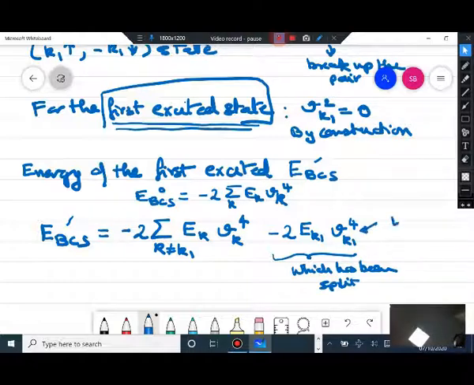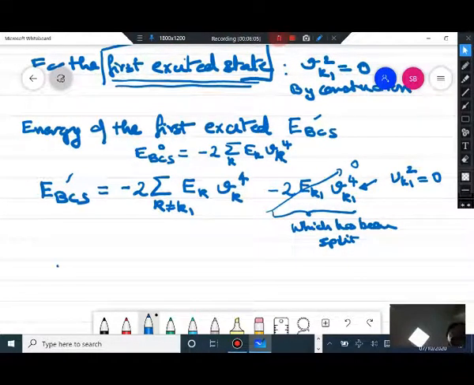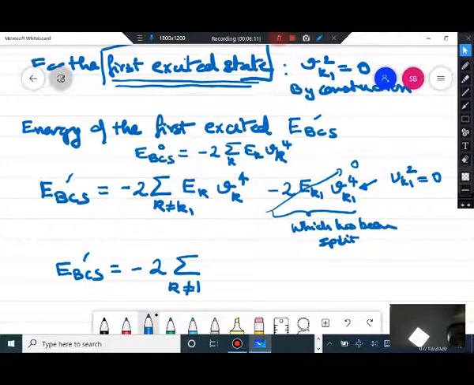Because for this excited state, Vk1 square is equal to 0. So this term basically is 0. So the energy of the first excited state, EBCS prime, is minus 2 summation of all k except k1, because k1 we have split up. So it is Ek Vk raised to 4. So this is the energy of the first excited state, where from all the k states which have condensed into pairs, we are just removing one k up, minus k1 state which we have split up.